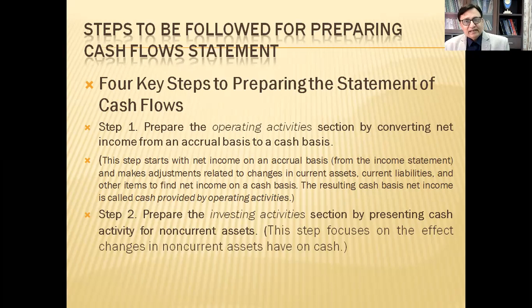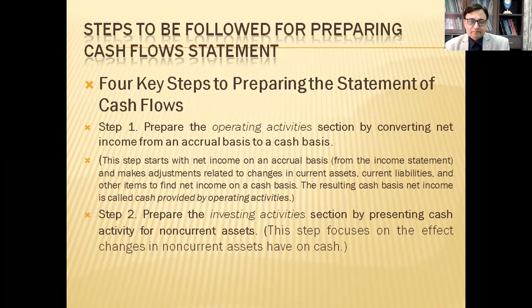Therefore, we will make certain adjustments related to changes in current assets, changes in current liabilities, and other items to find out the net income on cash basis. The resulting cash basis net income is called cash provided by operating activities or cash from operating activities. So this will be our first step.